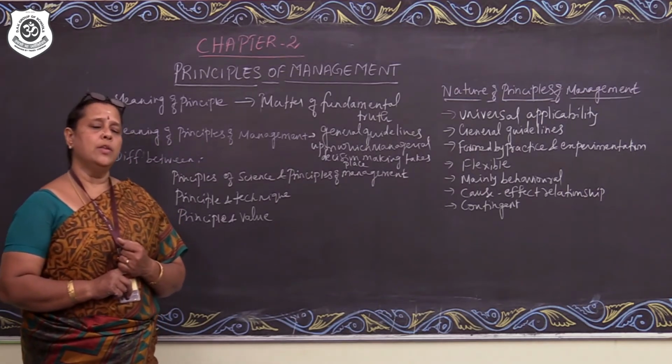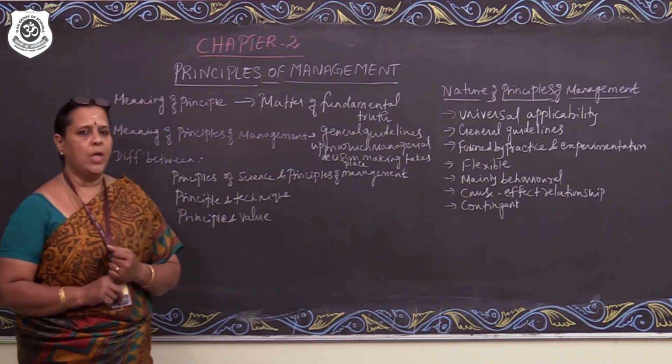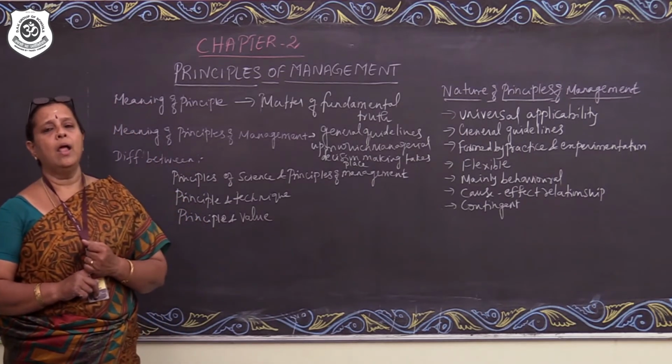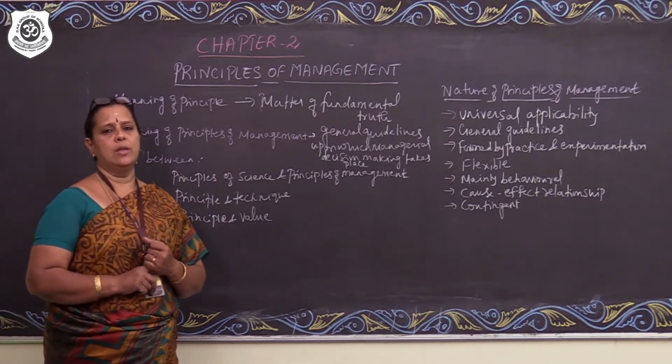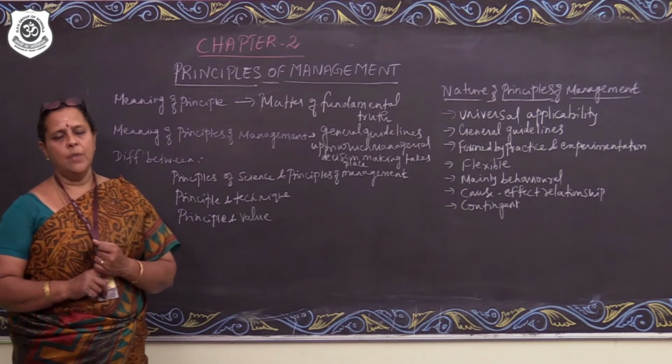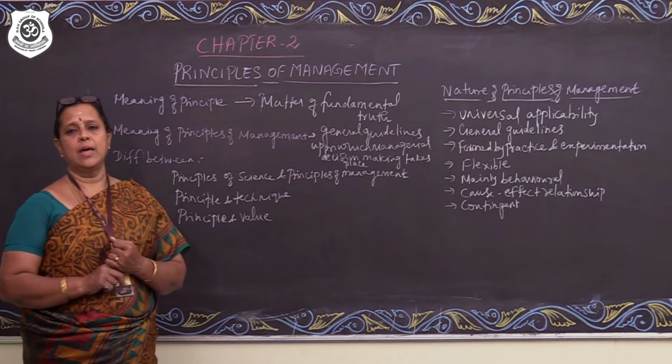Now, what are the differences between the principles of science and principles of management? Principles of science are the matters of fundamental truth which are drawn by observation, analysis and experimentation. They are experimented in laboratories and the results are accurate.